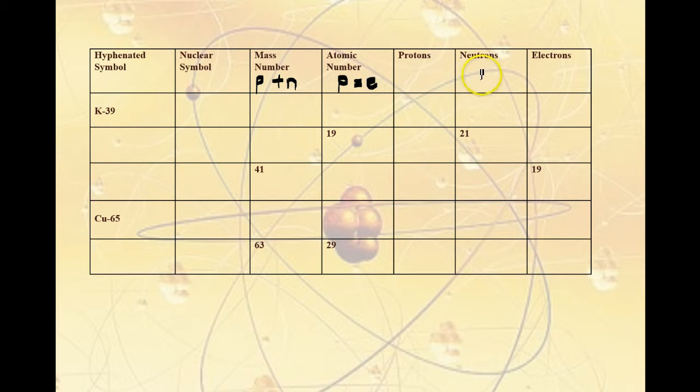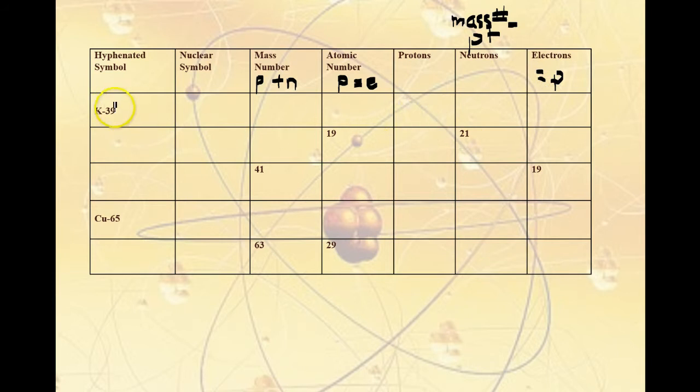And then the neutrons, you're going to get by taking the mass number and subtracting the number of protons. That gives you the number of neutrons. The electrons is equal to the number of protons, or the atomic number.